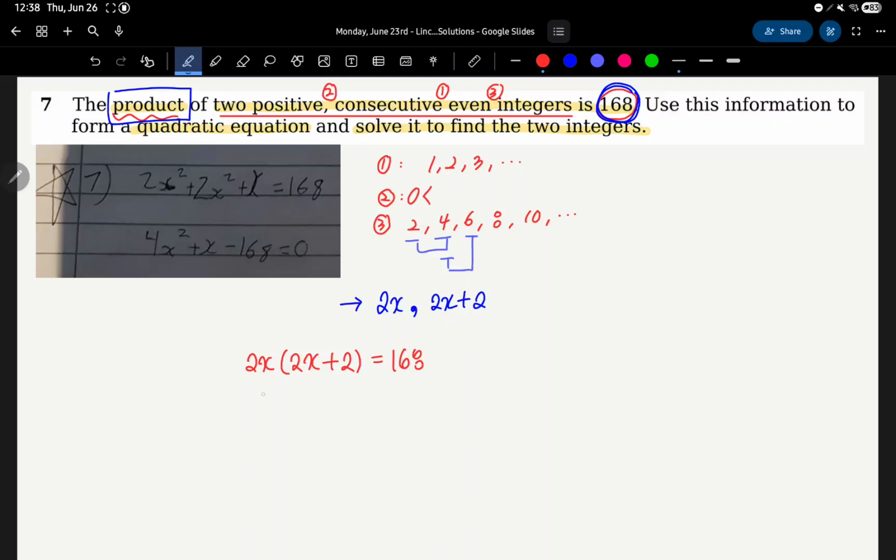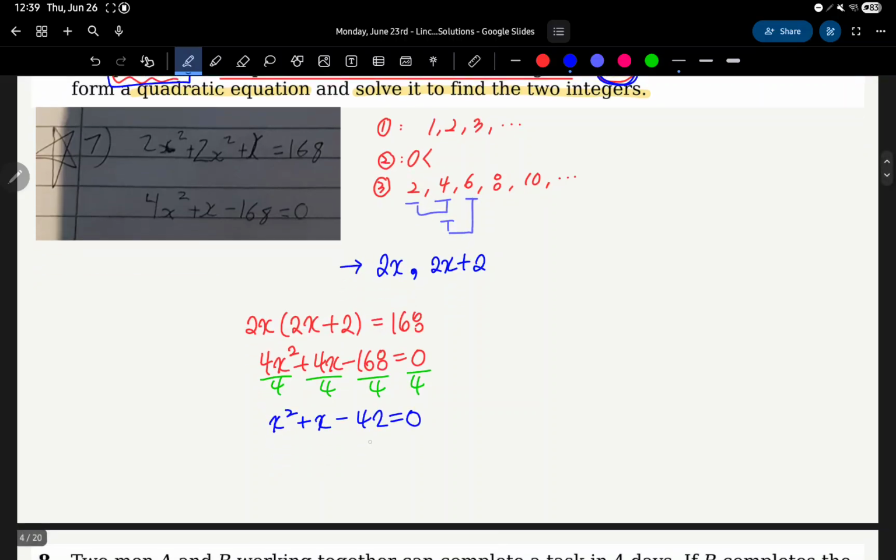So I'm going to solve it. 4x squared plus 4x minus 168 is equal to 0. You notice that every number here is divisible by 4. So if we do that, we get x squared plus x minus 42 is equal to 0.